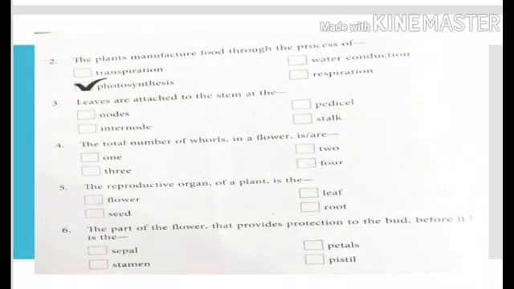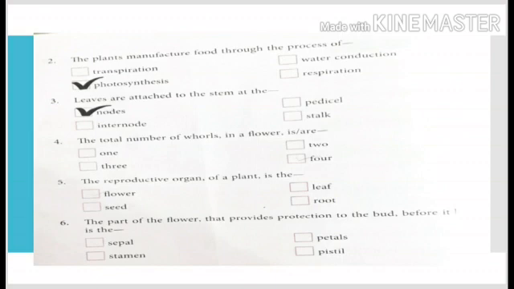Let's move towards the MCQs number 2. The plants manufacture food through the process of photosynthesis. We are up to now very familiar to this process. Number 3. Leaves are attached to the stem at the place that is known as nodes.